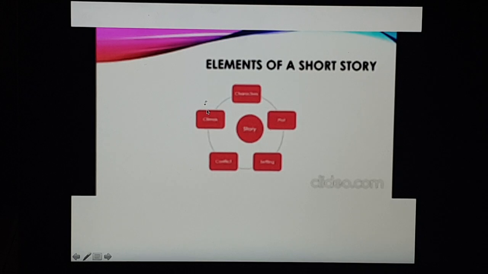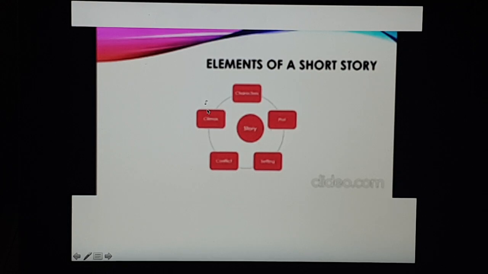If there is a conflict in the story, then it necessarily brings the climax, because we have to know the end of that conflict, what happens to that conflict.